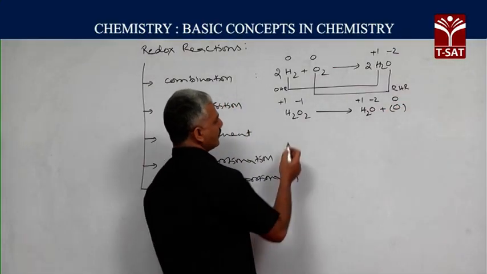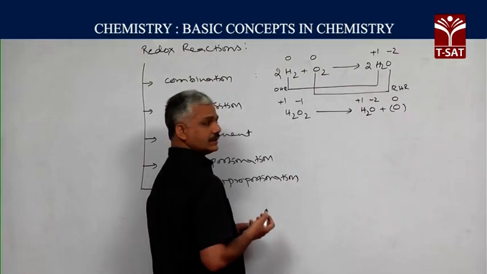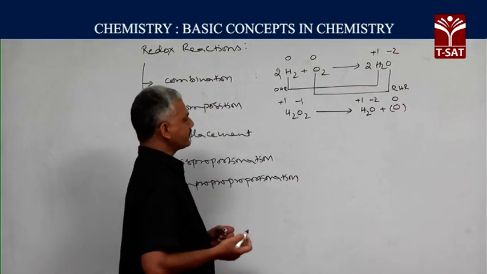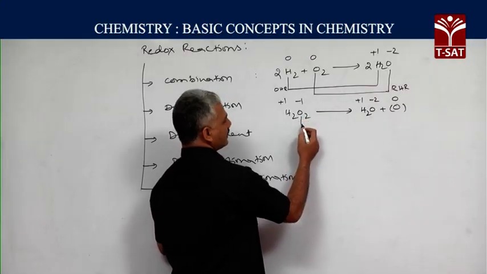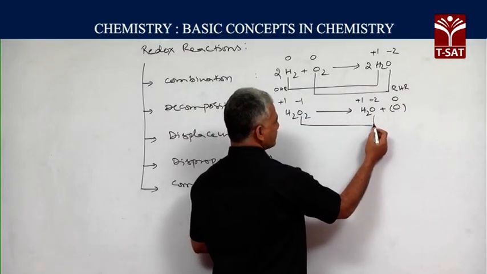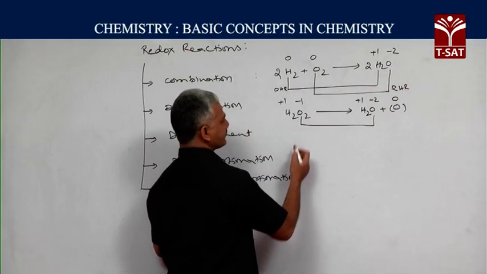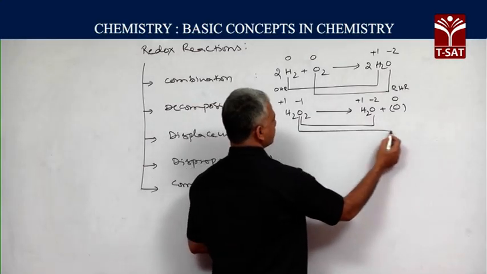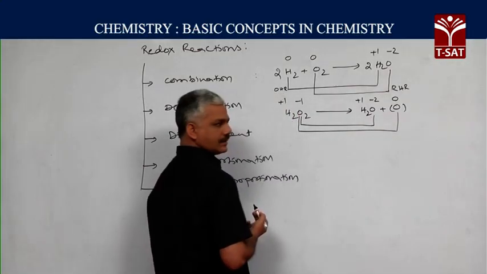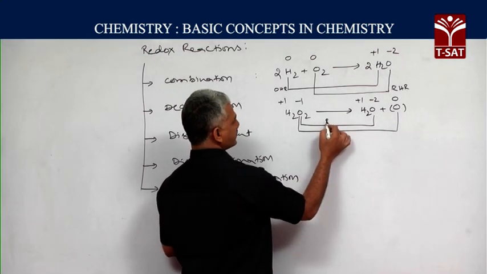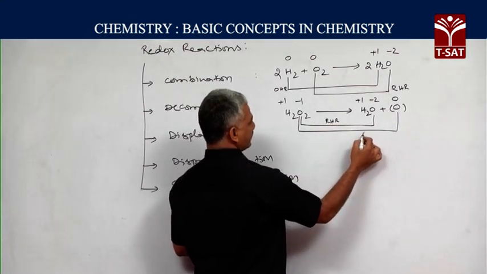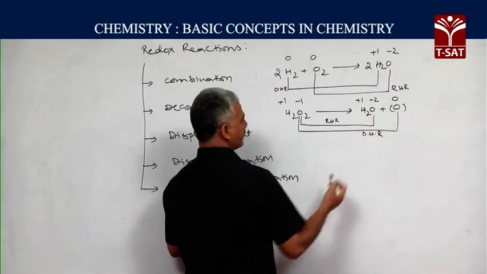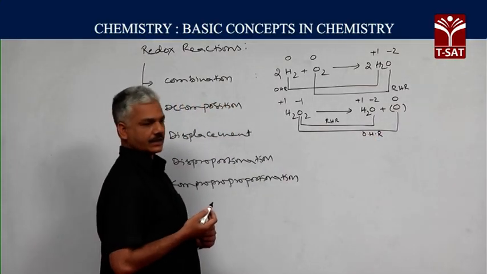That means for hydrogen there is no change in oxidation state in this reaction, but for oxygen in one instance there is decrease in oxidation state, in another instance there is an increase in oxidation state. So, this is RHR, reduction half reaction, this is OHR, oxidation half reaction.